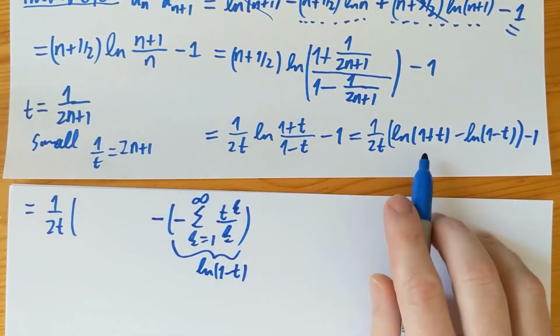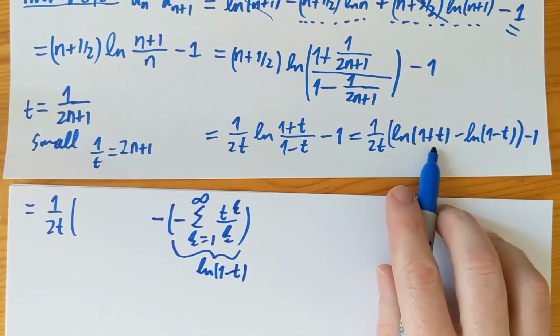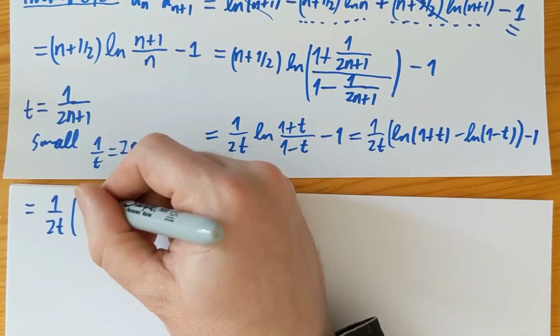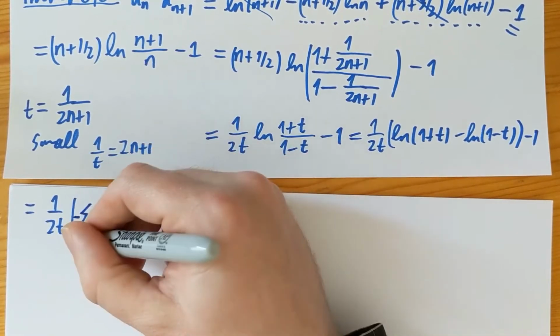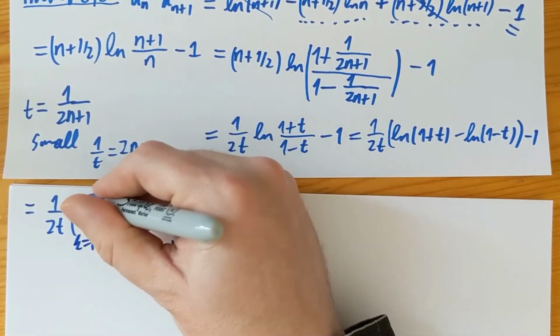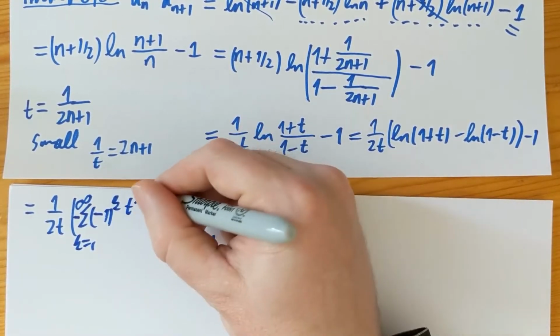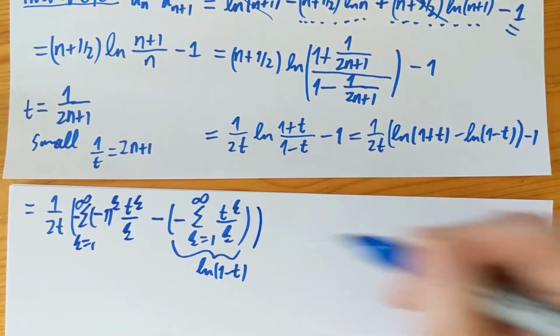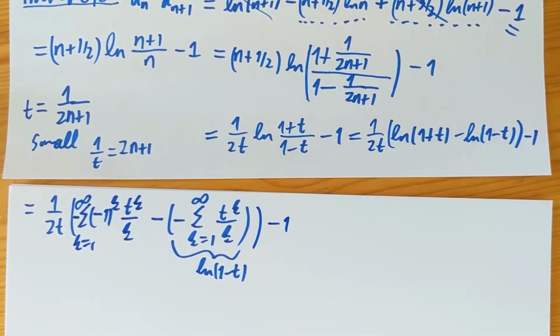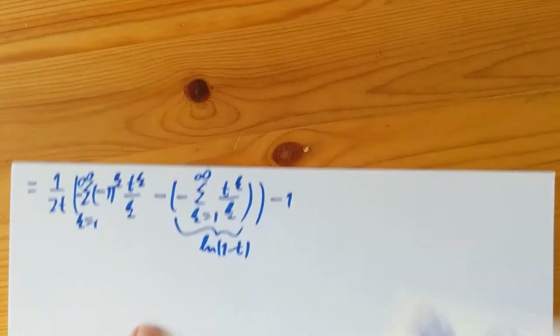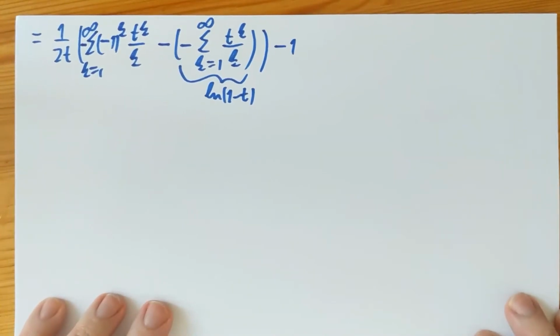And then I'm going to do the same there, except I need to swap t to minus t. So this is going to be the minus sum from 1 through infinity of minus 1 to the k, t to the k over k, and a minus 1 at the end. So minus t can also be written as minus 1 times t, and that's what happened here. Okay, now the next step is to factor out whatever we can in this sum.